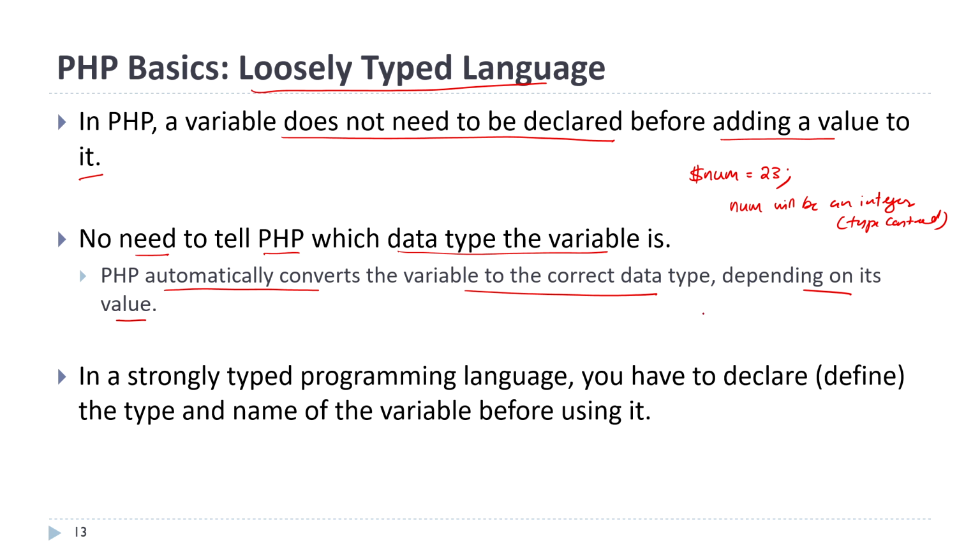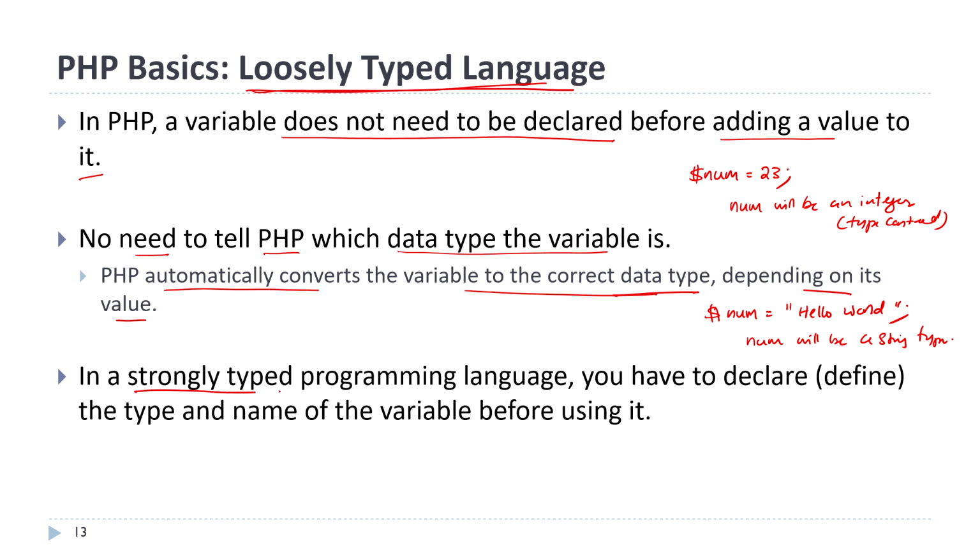If I become stupid and say $num equal to hello world, then num will become a string type. It will be typecast to a string. So, PHP looks at the value and, based on this value, determines the data type of the variable. That is why PHP is called a loosely typed language.